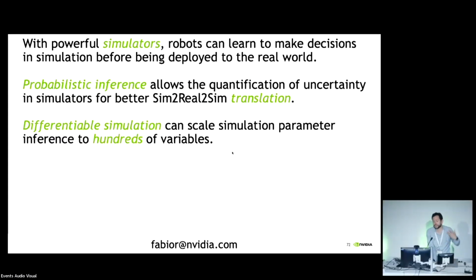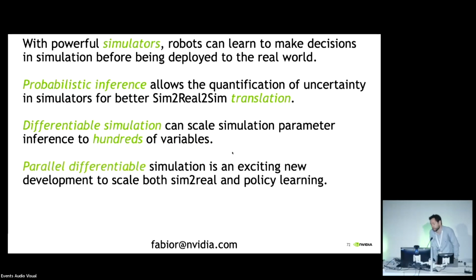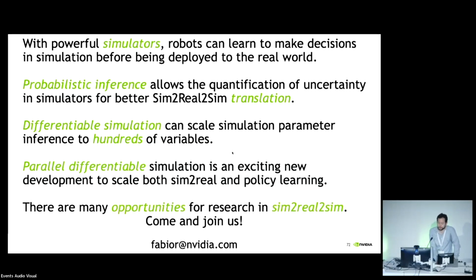Differentiable simulators help us to scale this to hundreds of variables. Parallel differentiable simulation is an exciting new development for policy learning as well. And there are many research opportunities in the real-to-sim-to-real-to-sim loop and so on. And I think you should join us in this journey.